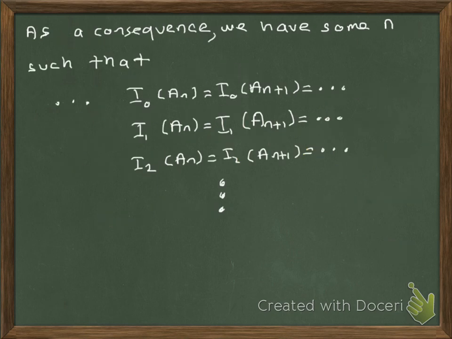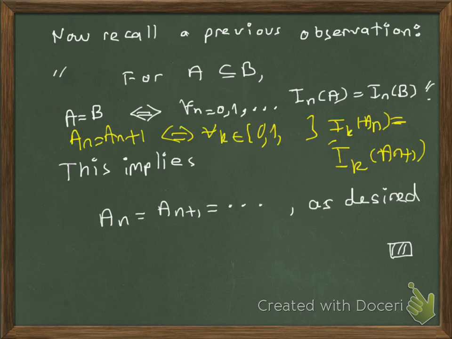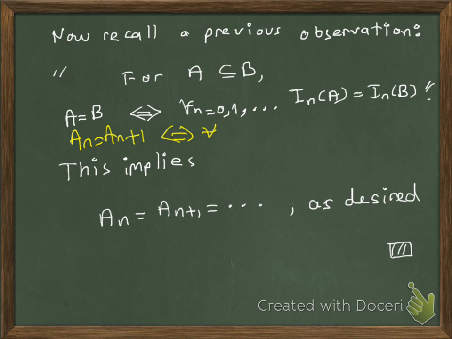This previous picture is exactly what it tells us. So this implies, finally, that all the ideals a_n, a_{n+1}, a_{n+2} are all equal to each other by application of this result that we have quoted from earlier. So this proves the theorem.